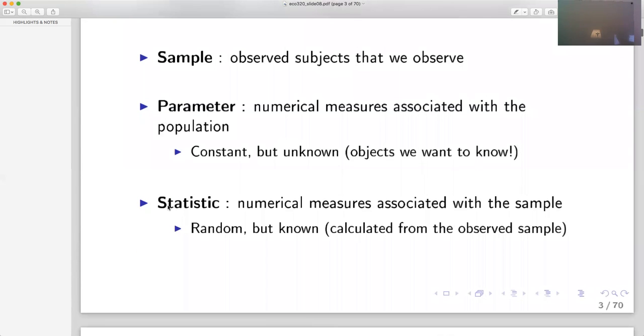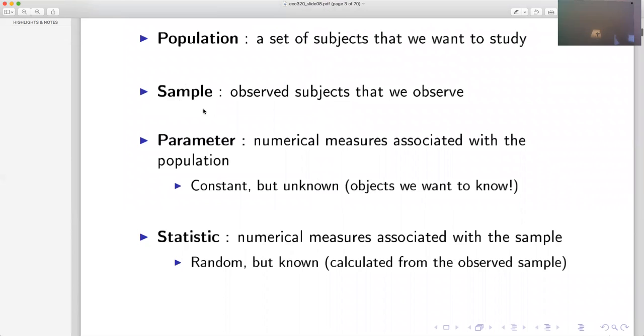But we use a sample to estimate those actual parameters. This is random but known. For the US unemployment rate, they choose a random sample of people and ask, are you employed or not? So they use a subsample to estimate the unemployment rate.